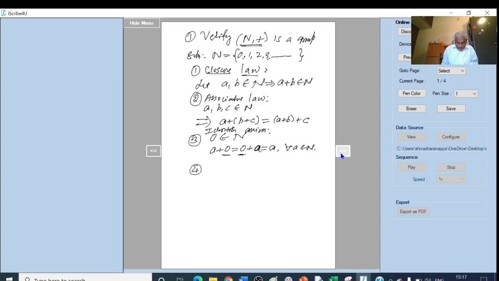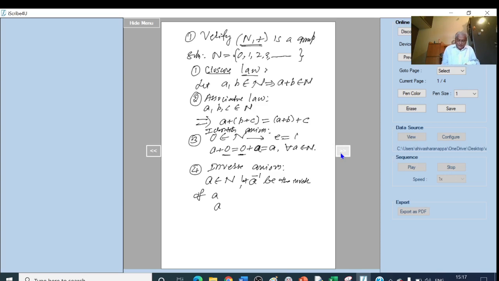What about the fourth one? The fourth one is the inverse axiom. So here let me take A as any element belonging to N, and suppose there exists an inverse of this A, let it be A inverse. Then by the definition, A star A inverse equals A inverse star A equals E. So what is my E here?